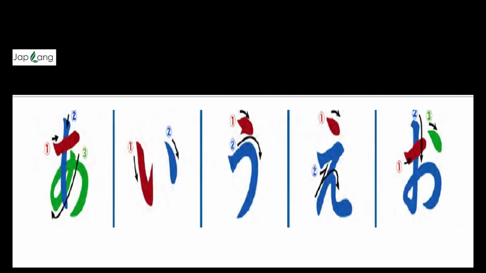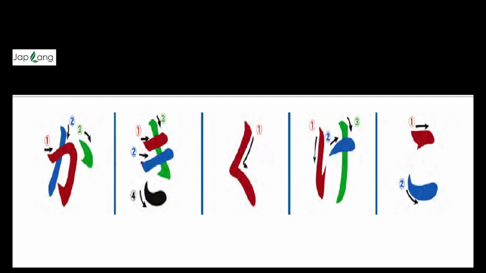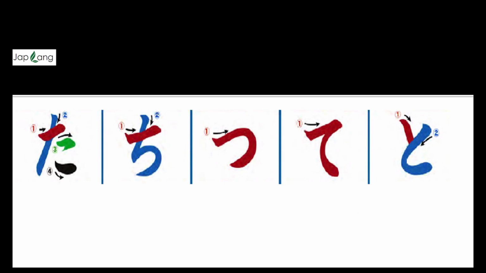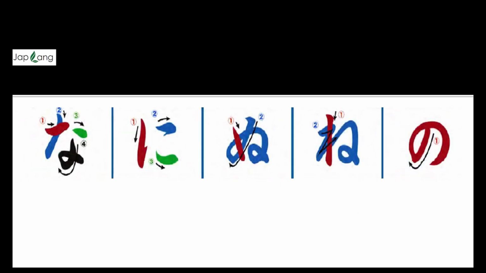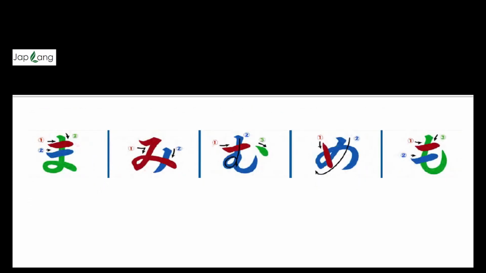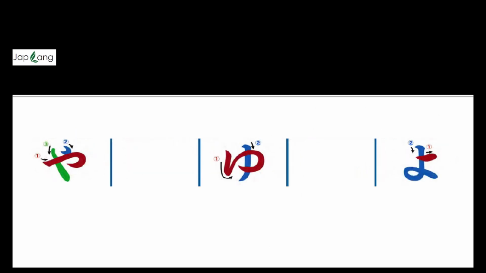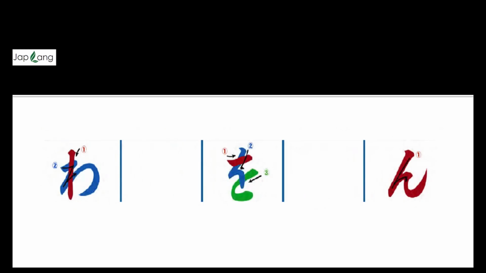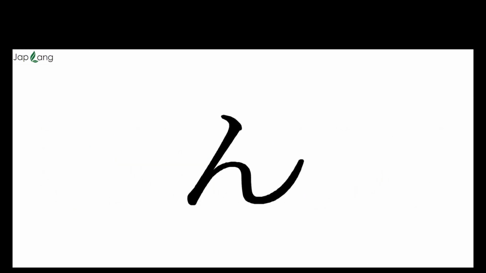You know what we learned? I, U, E, O, it was like that. Then we learned ka, ki, ku, ke, ko. Then we learned sa, shi, su, se, so. ta, chi, tsu, te, to, na, ni, nu, ne, no, ha, hi, fu, he, ho, ma, mi, mu, me, mo, ya, yu and yo, ra, ri, ru, re, ro, wa, o, This is n.